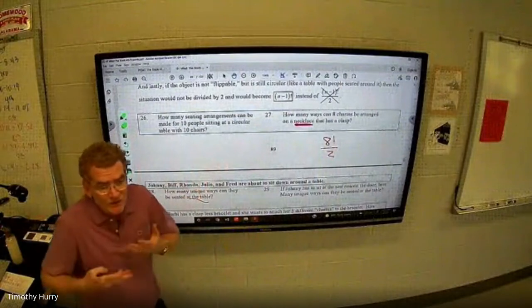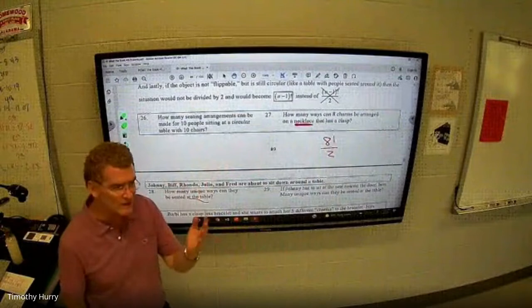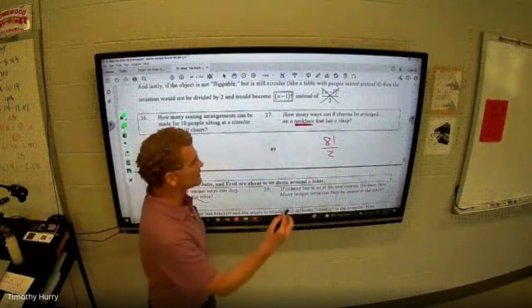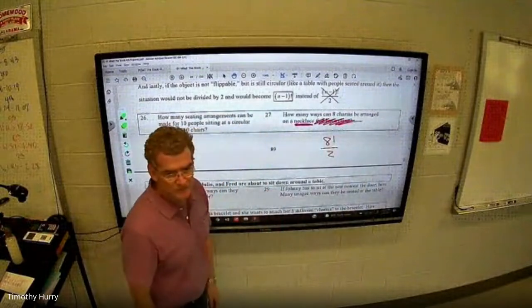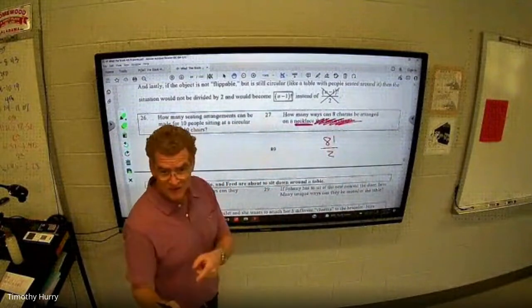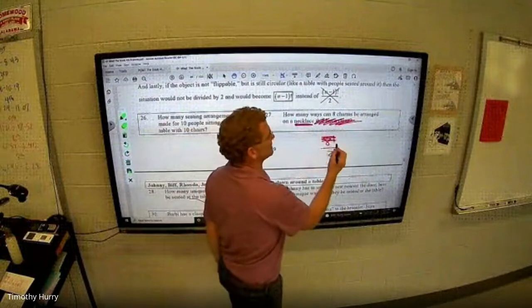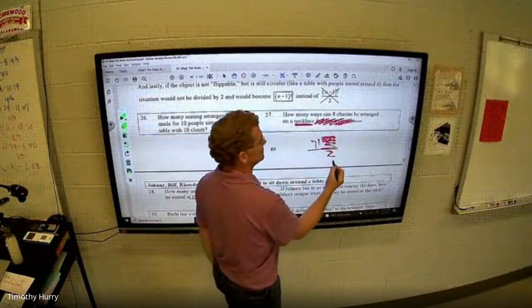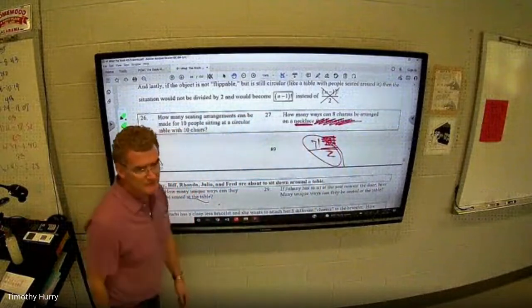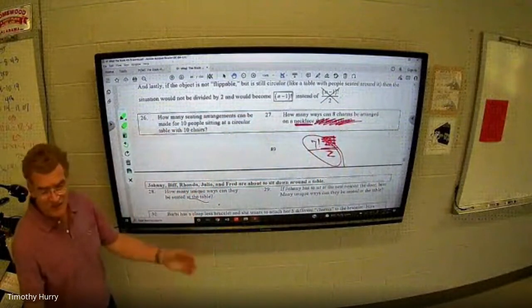So they don't have to both happen. One could happen, one could not happen, whatever. And if I get rid of the word clasp, what does that do? Then it makes it circular, and I would change that 8 to 7 factorial, but I would still divide it by 2 because of the flippable part. And it really is just that simple.